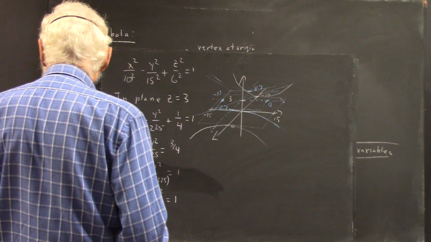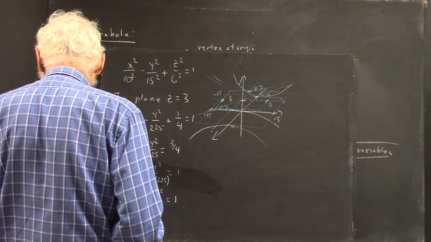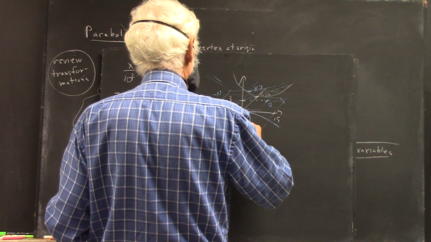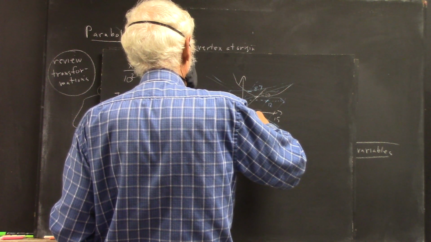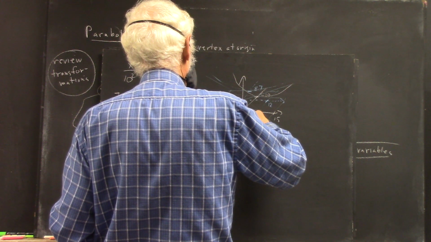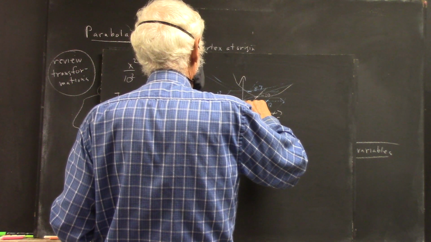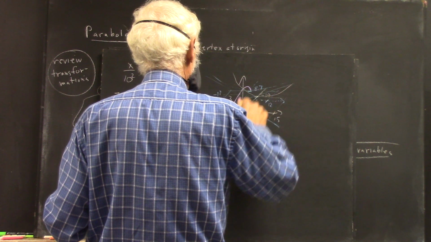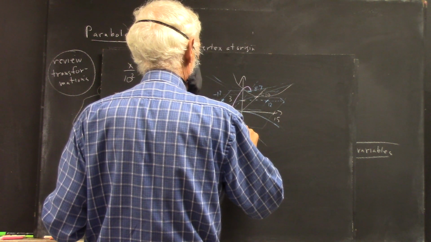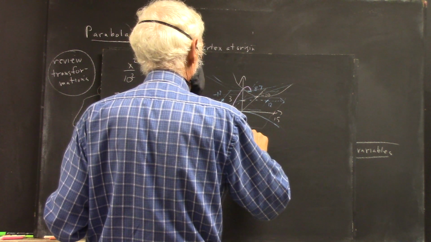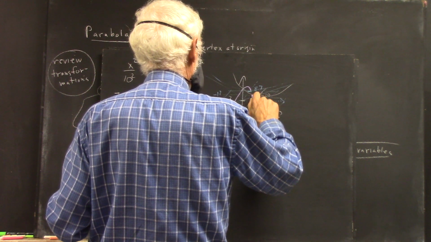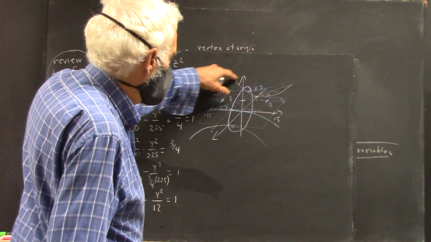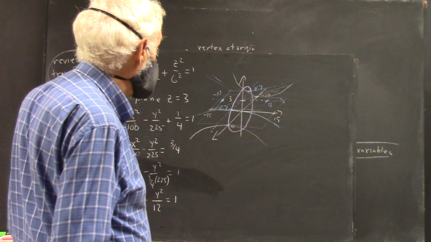Now I can also draw my ellipse. We're out of time, but I'm going to just finish this up real quickly. You can also draw our ellipse, which goes up to here. Badly drawn, but there's our ellipse in the xz plane.